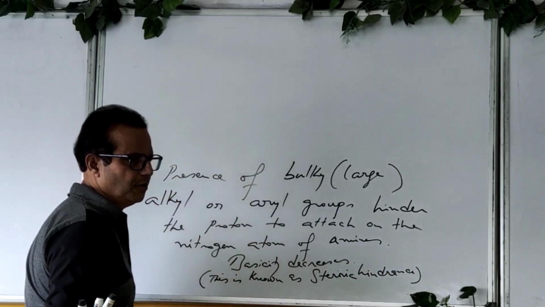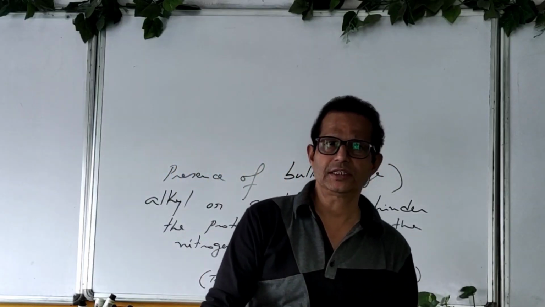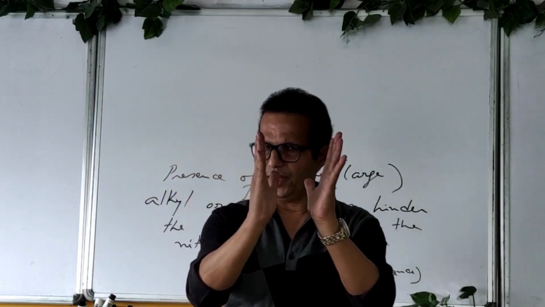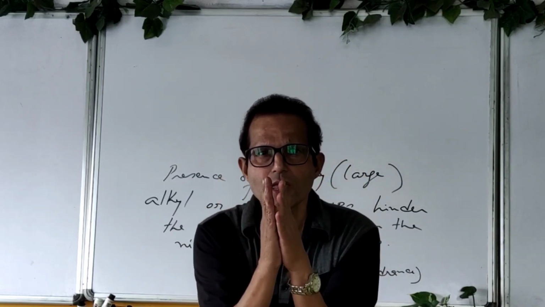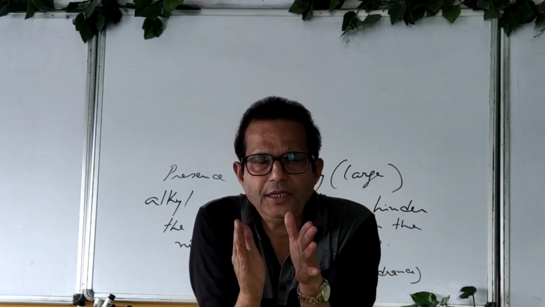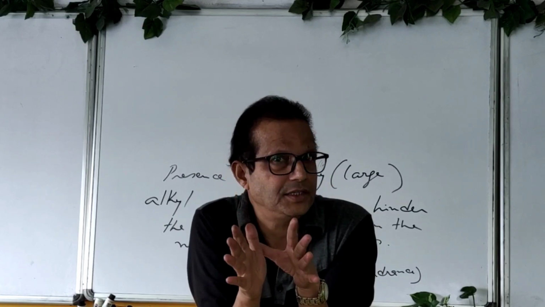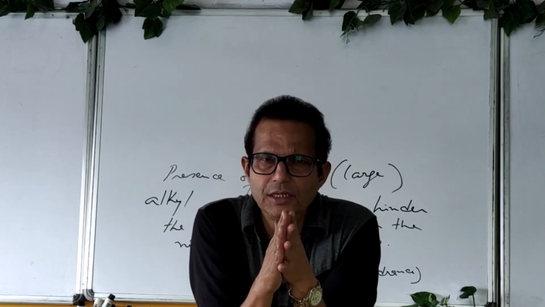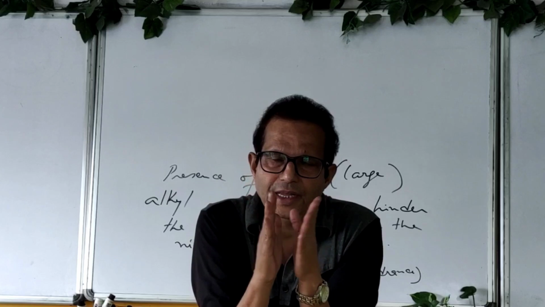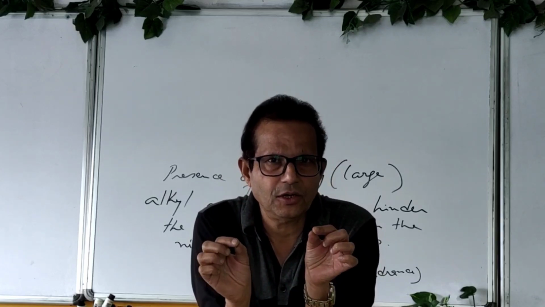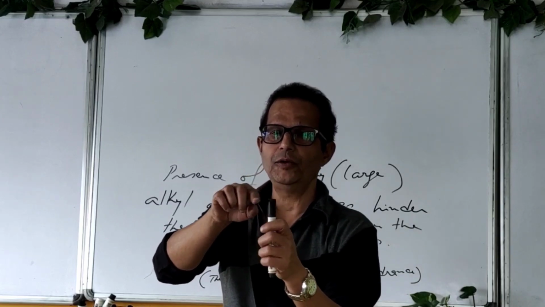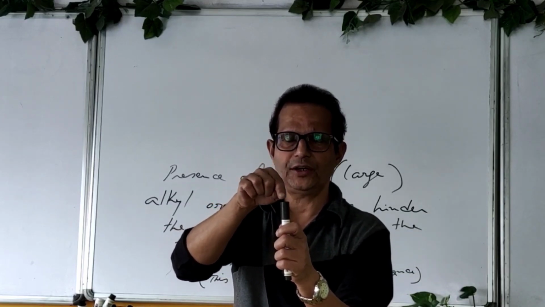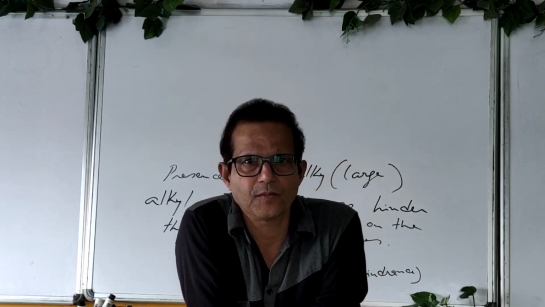So before going to question and answer discussion, remember it clearly. The extent of basicity of amines depends on the density of the lone pair of electrons on the nitrogen atom. The greater the density of the lone pair on the nitrogen atom, the more will be the basicity.